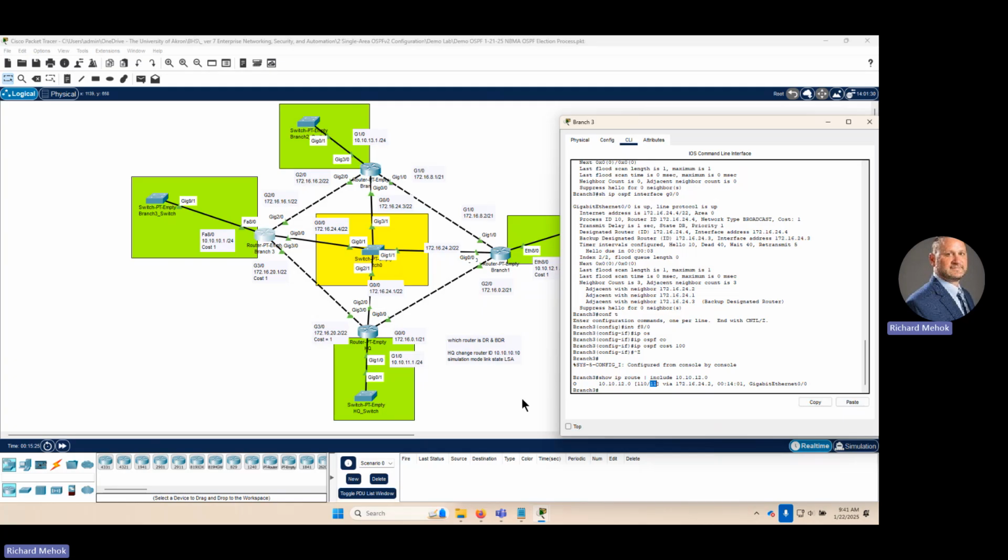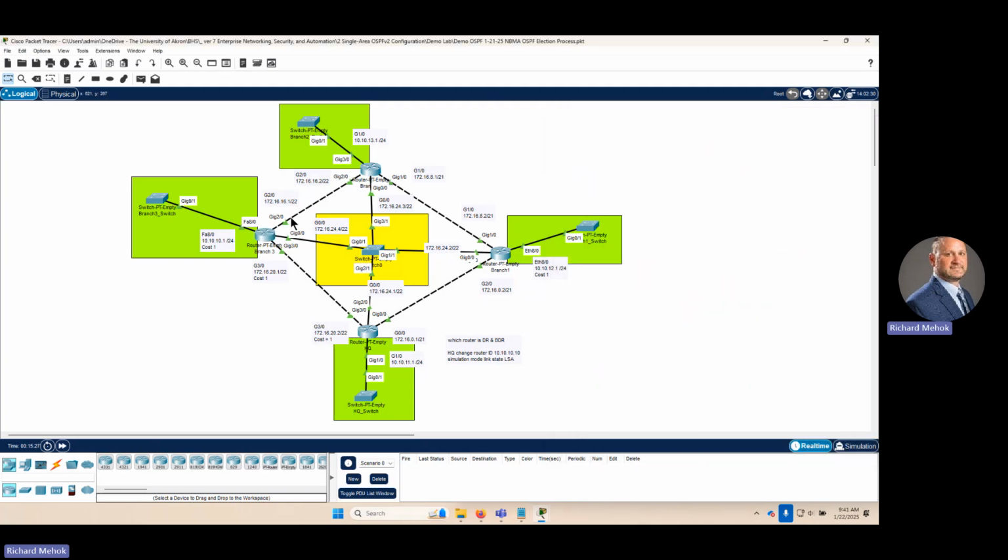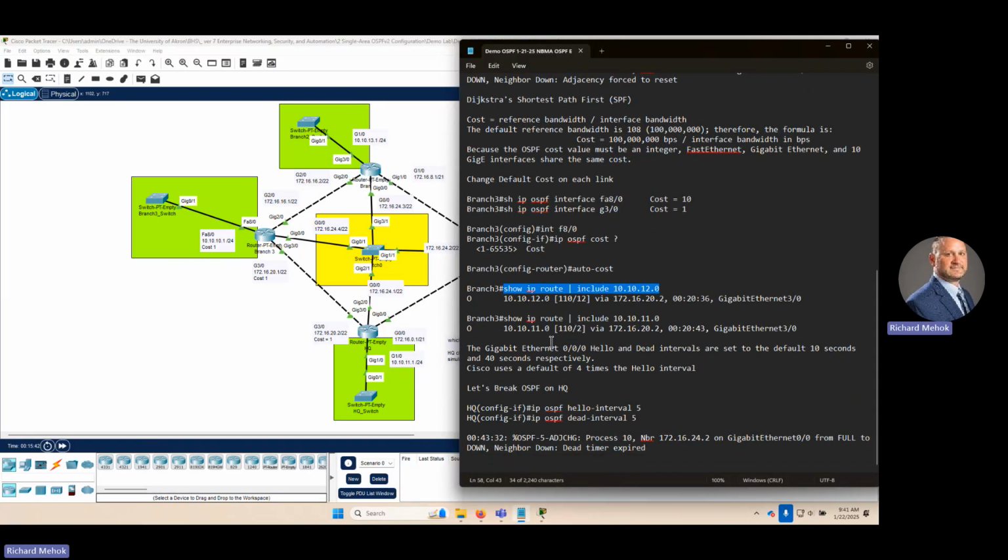So if we would travel across, this link is 1, this link is 1, and then you'd add 10 for 12. This way would be the same route. So it has to pick which route it would choose because they're going to be equal cost. And then that's when load balancing and load sharing would come into play.